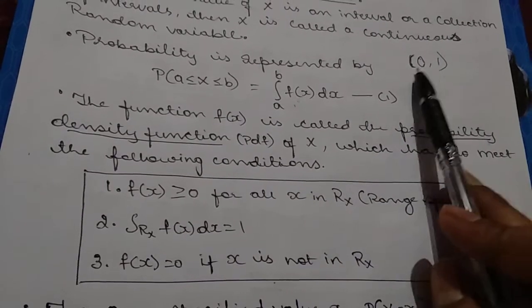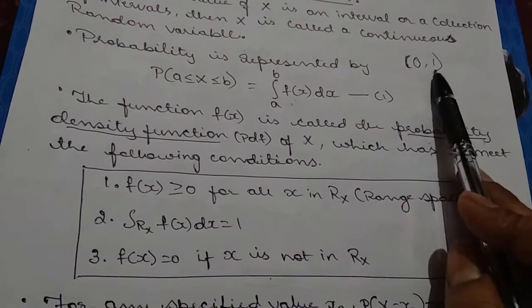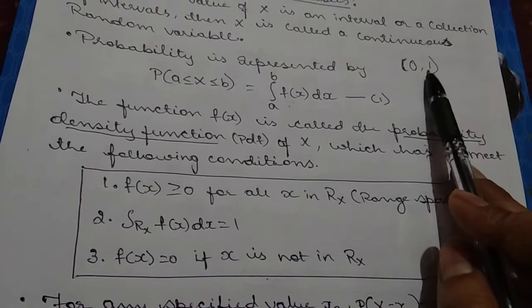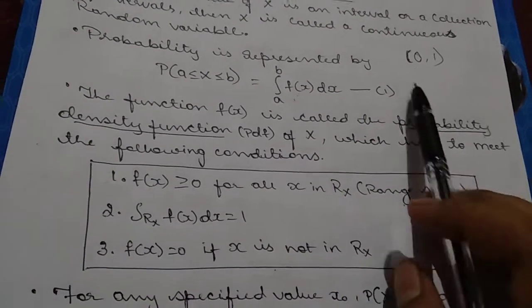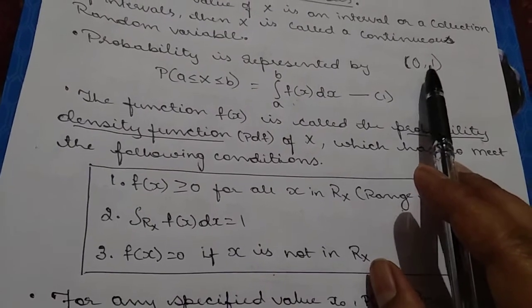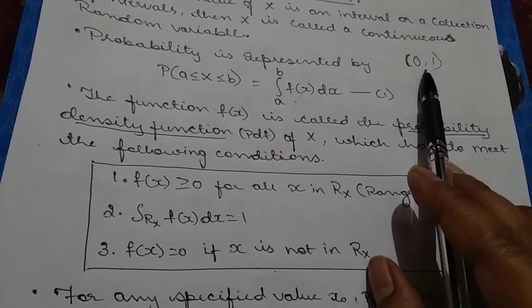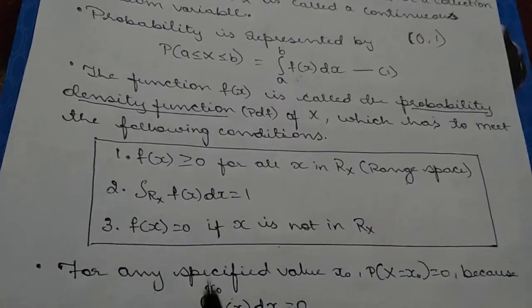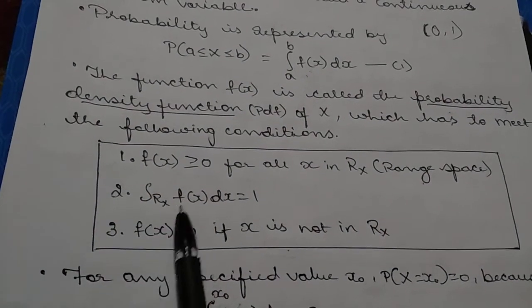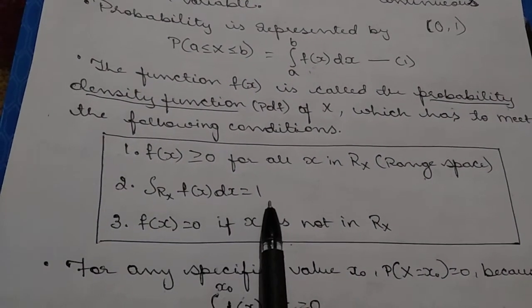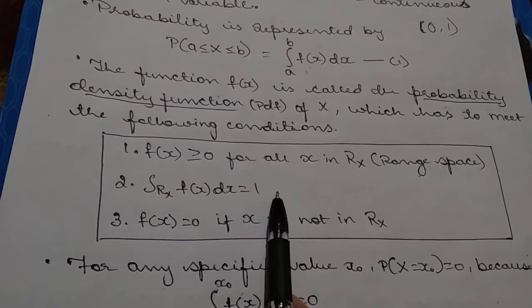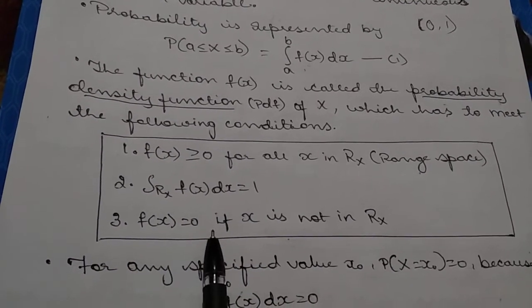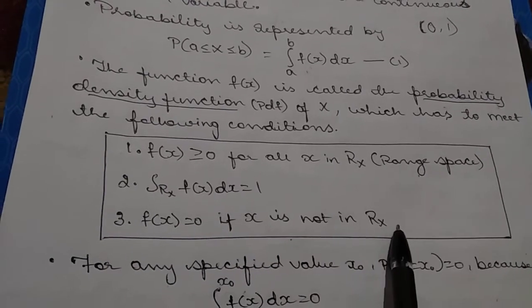If you are selecting between 0 and 1, you have some space to select the random numbers, and that is called the range space. This f of x should always be greater than or equal to 0. That is the meaning of this. Then the integral over Rx of f of x dx is equal to 1. Then f of x is equal to 0 if x is not in Rx.